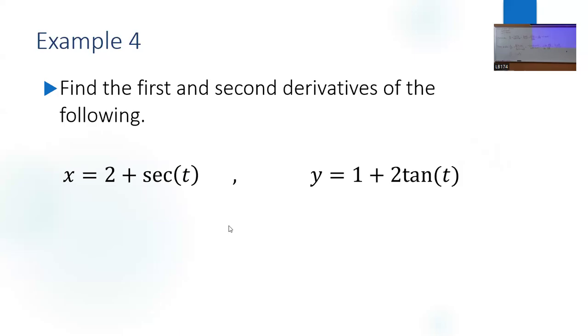All right. So I know that's a lot of manipulation, but what that tells you is that there's a really, really quick way to find the slope of the tangent lines on a hyperbola.